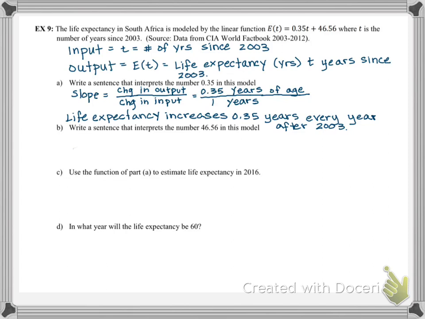So for each year that goes by after 2003, the life expectancy increases by 0.35 years. So far, so good?